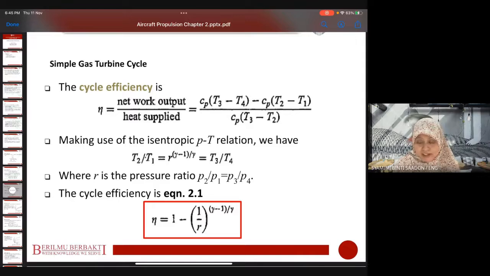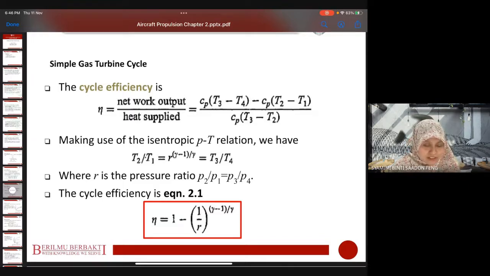This is the general definition of cycle efficiency: what we produce over what we give as input. Of course the efficiency will not be 100%, or one, because the net work output, or power that we produce, is usually less than what is supplied from the heat source.